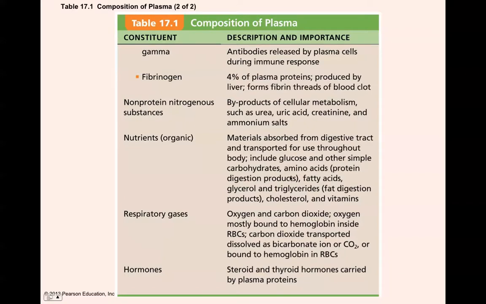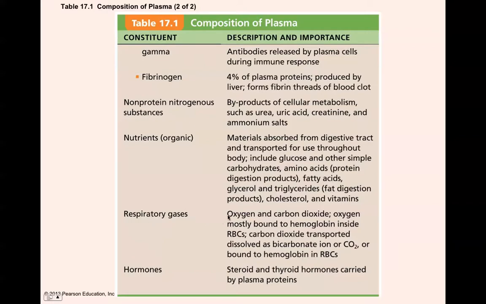They include glucose, other simple carbohydrates, amino acids, which of course are protein digestion products, fatty acids, glycerol, and triglycerides. These triglycerides, of course, are fat digestion products. Cholesterol and vitamins. We absorb these from the digestive tract into the bloodstream. So the blood will be carrying this to the cells where needed.